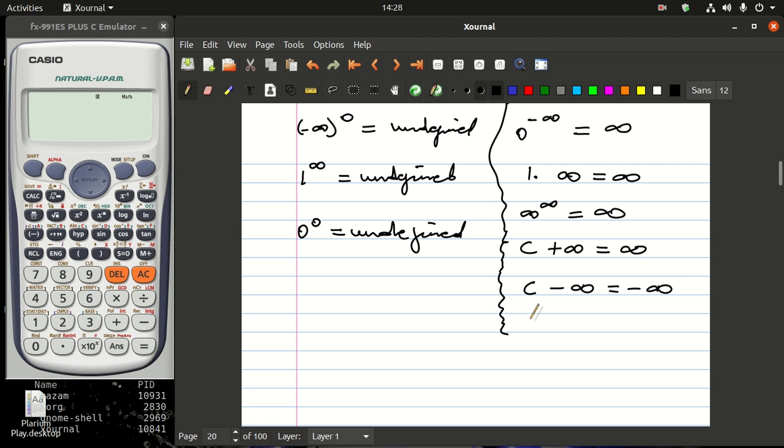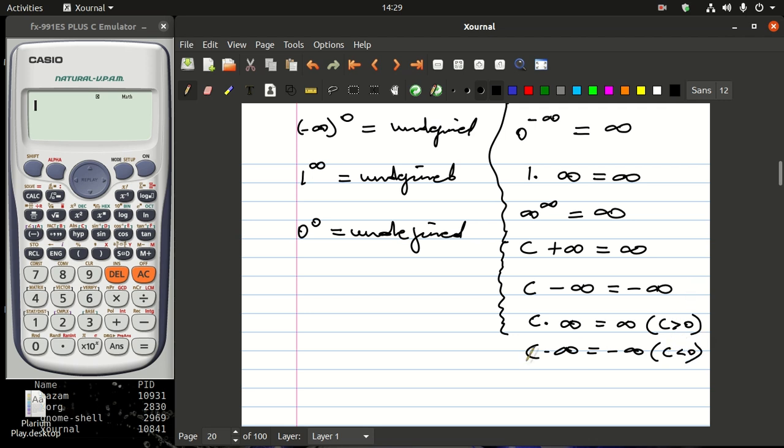And if I take a constant and multiply infinity with it, if the constant is positive, greater than 0, I will get positive infinity. If the constant is negative, I will get negative infinity.